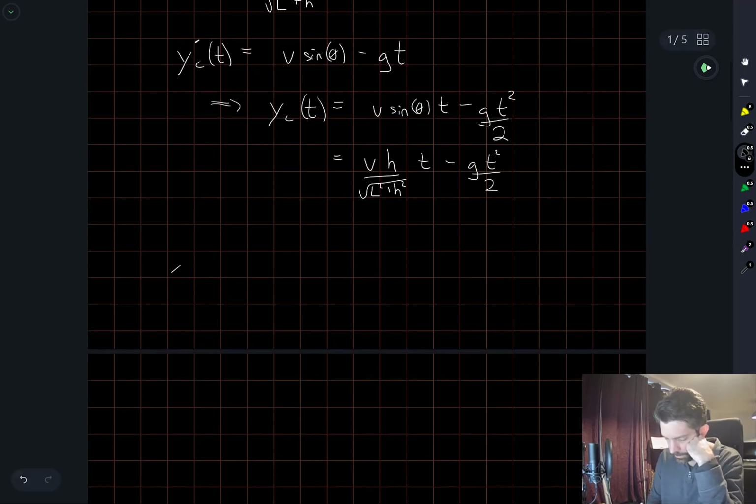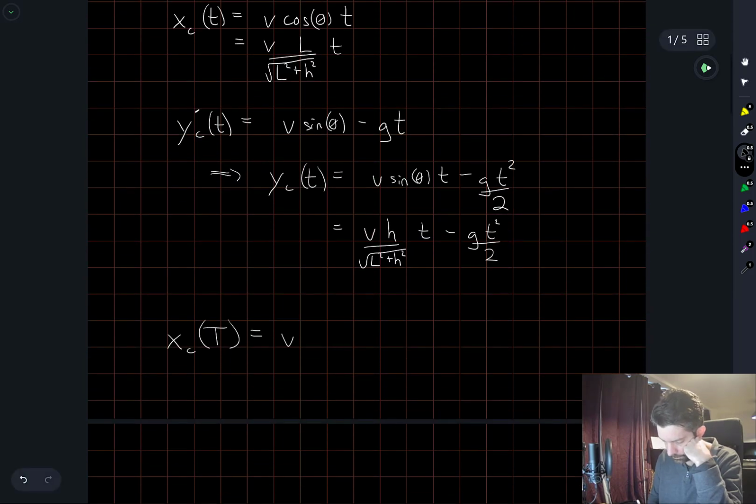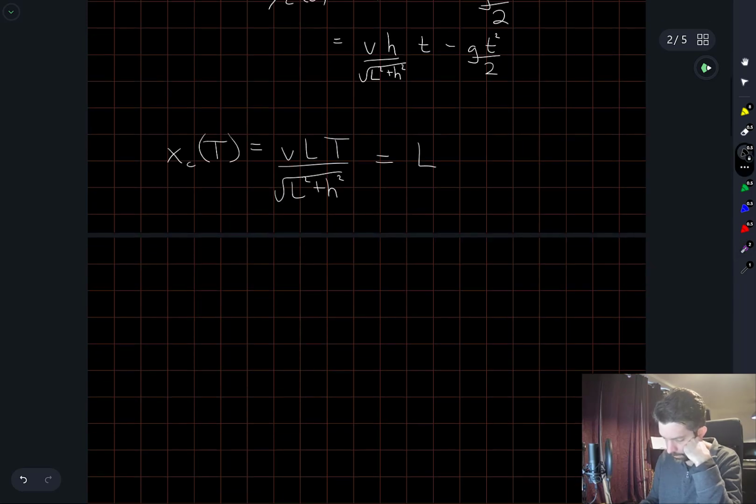Okay, so capital T is defined by V L capital T divided by the square root of L squared plus H squared, and I want this to be equal to capital L. So I want to solve for capital T when this horizontal position is equal to capital L. So this gives me T is equal to the square root of L squared plus H squared, divided by V. Okay, good.